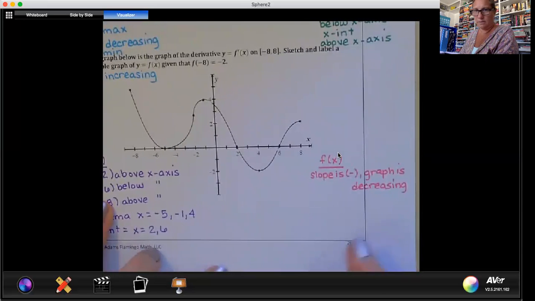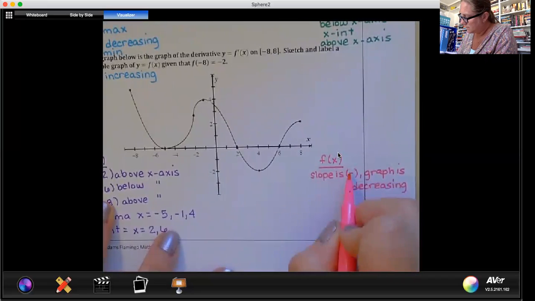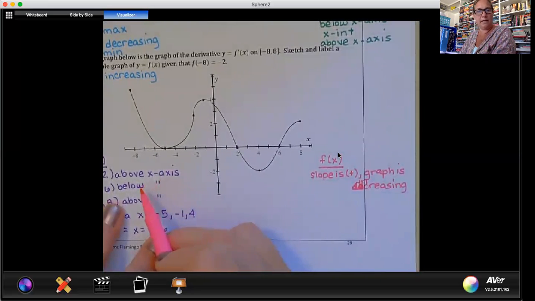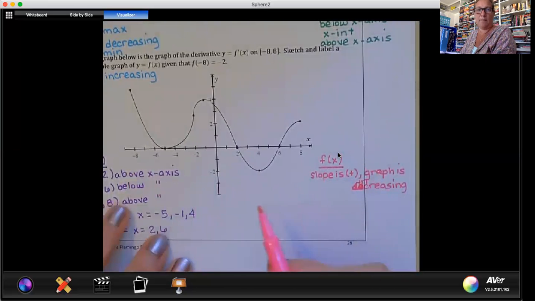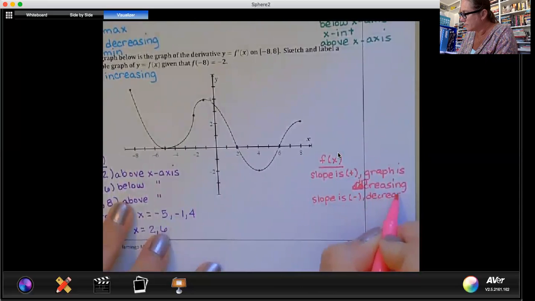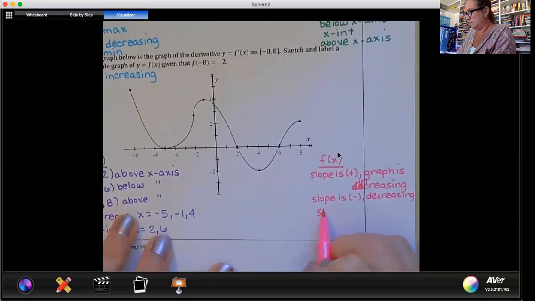I'm sorry, I did those backwards. I was looking at the wrong thing. So above the x-axis, slope is positive, graph is increasing. Below the x-axis means slope is negative, we are decreasing. Above the x-axis, slope is positive, increasing.